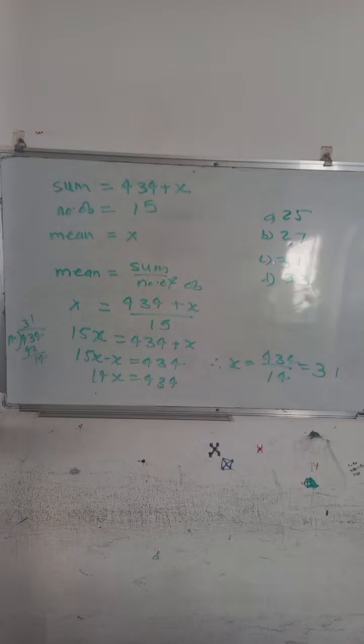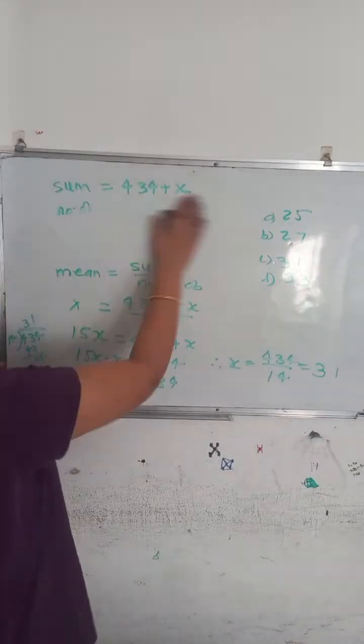Getting this? So write down the assertion and reason. Write down the assertion here: the ratio in which the line segment joining A is 5, 3.